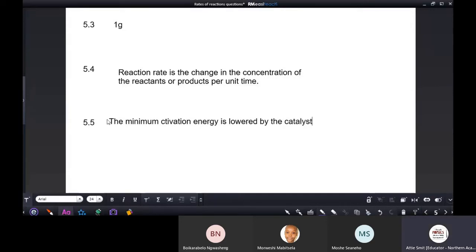But this has nothing to do with our collision theory.